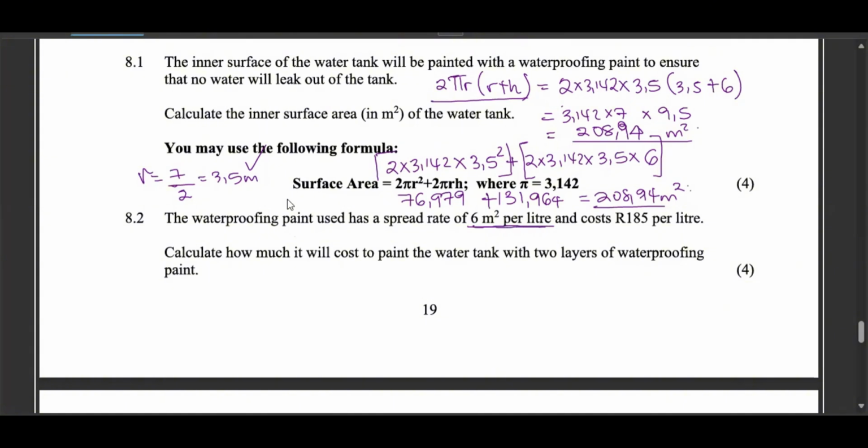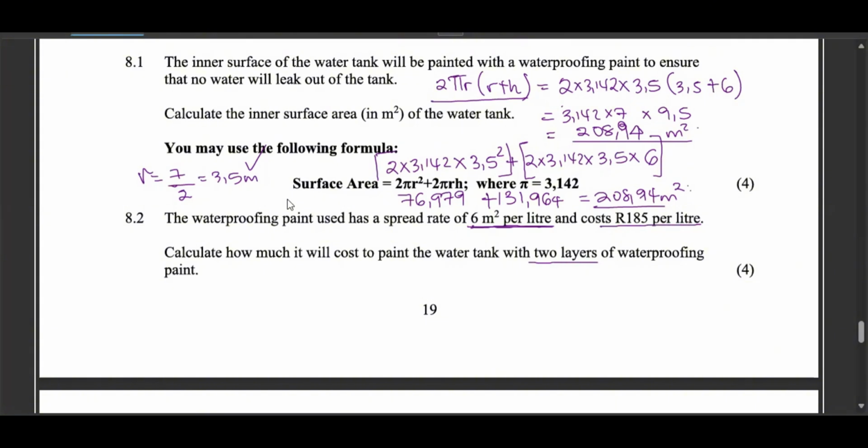Spread rate shows you how much 1 liter will cover, or how much paint you need per given area. Number 2, we have the cost. Number 3, they have told us 2 layers.